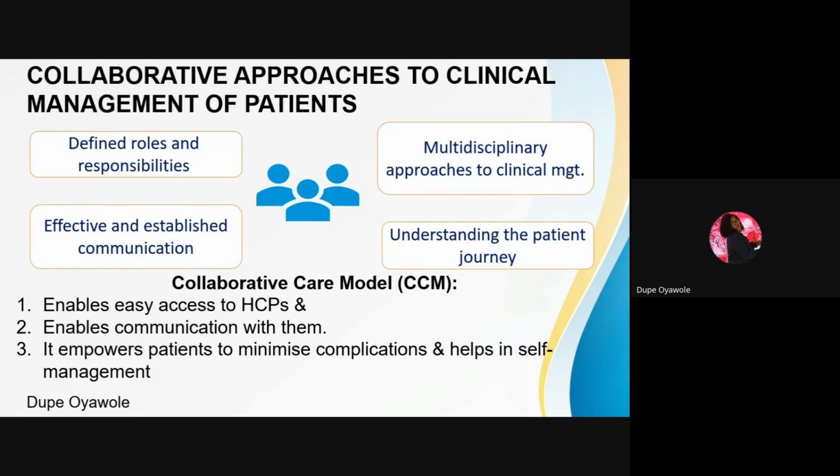And very important, establish communication within the healthcare providers, and with the patients and even the caregivers of the patient. Family members are very important. With diabetes, the family members have to be involved even in their management.